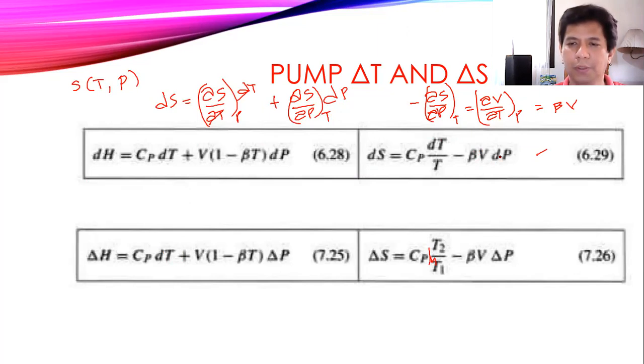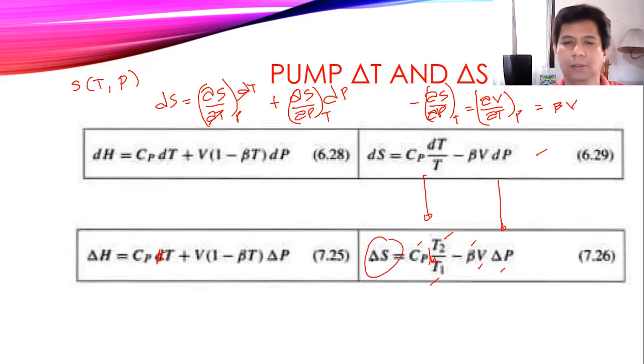Yun. Tapos, gawin nyo lamang yung dP, gawin nyo lang delta P. Okay? So, as long as you can calculate the final temperature using the delta T from the delta H equation, alam niyo na yung T2, T1. Given naman usually ang Cp at saka T1. Tapos may given naman na beta, specific volume, tsaka delta P. You can calculate that. Okay?